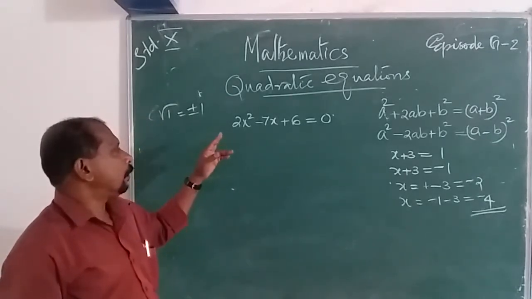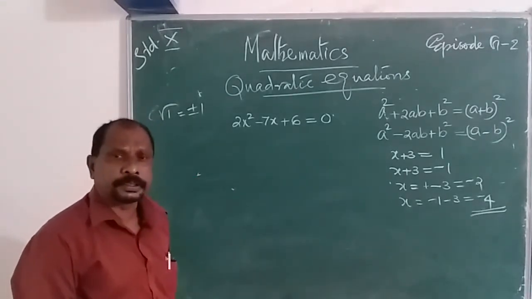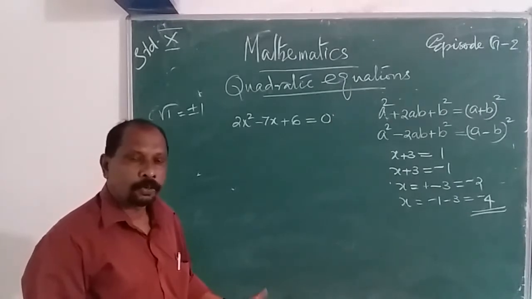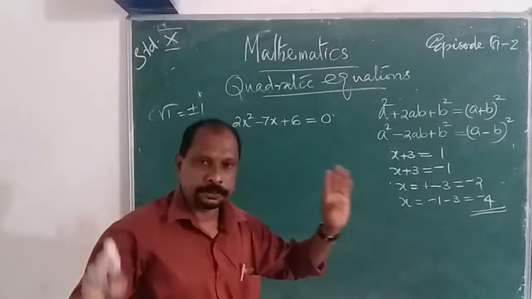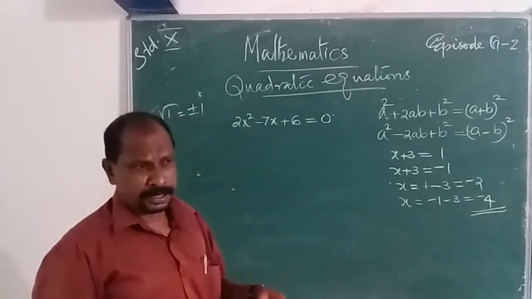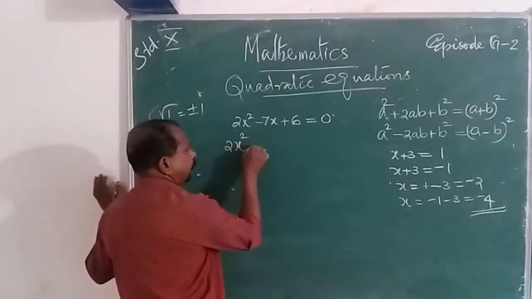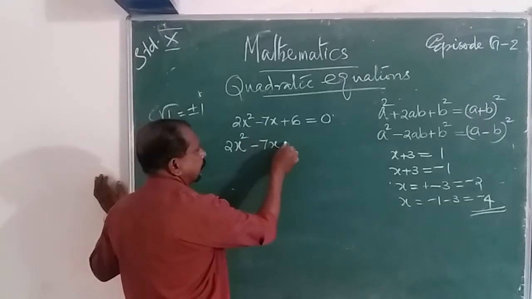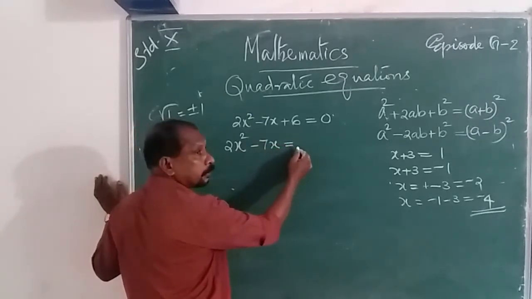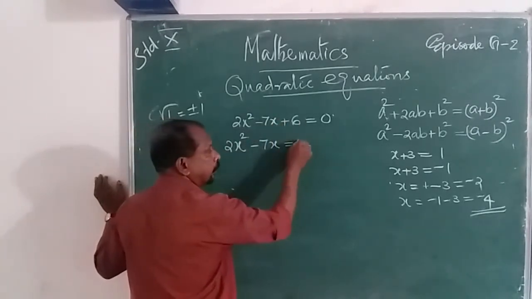Then, in this case, what is the first step? Shifting the constant to the right. That is the first step for completing the square. That is 2x square minus 7x is equal to, plus 6 shifting to the right, minus 6.